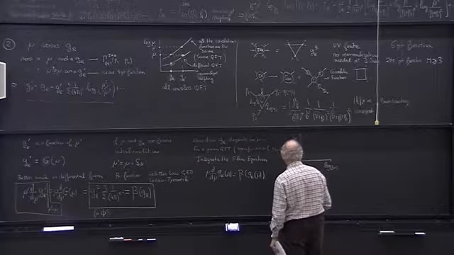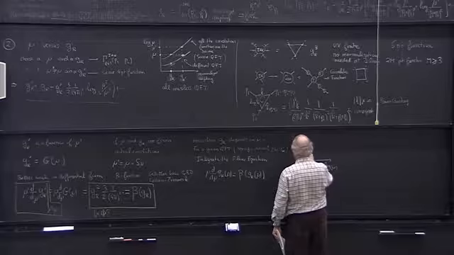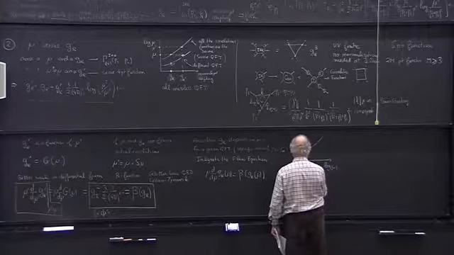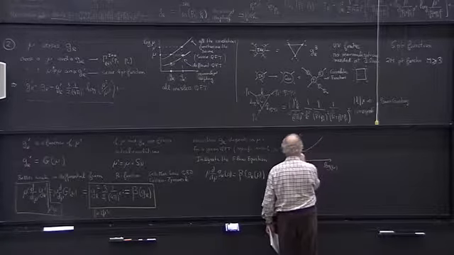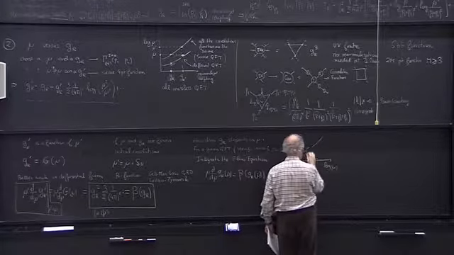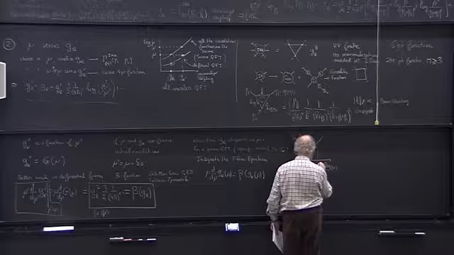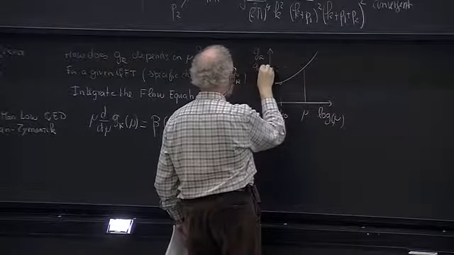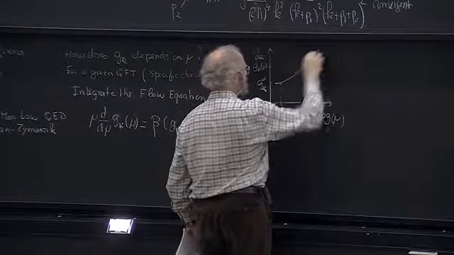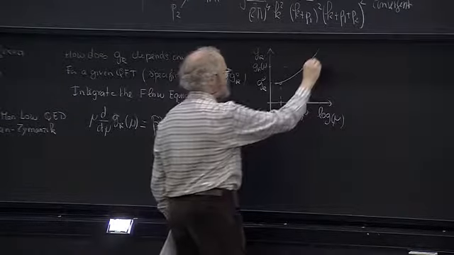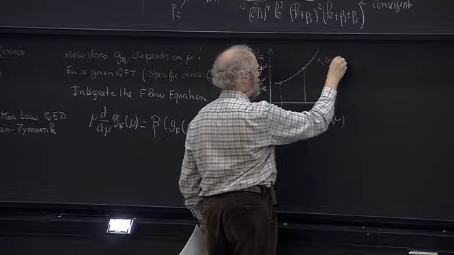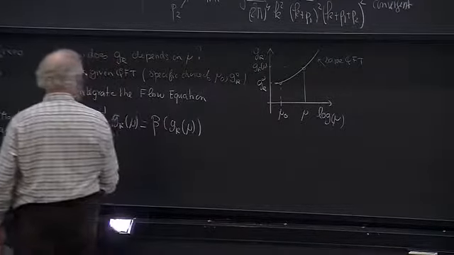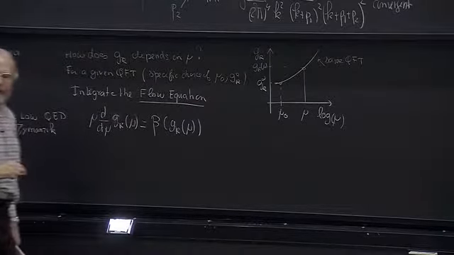What you see is that you start from some reference mu_0 and some reference g_R0, and if you want to know what is the equivalent g_R of mu as a function of mu that describes the same QFT, then you just have to integrate this flow equation.